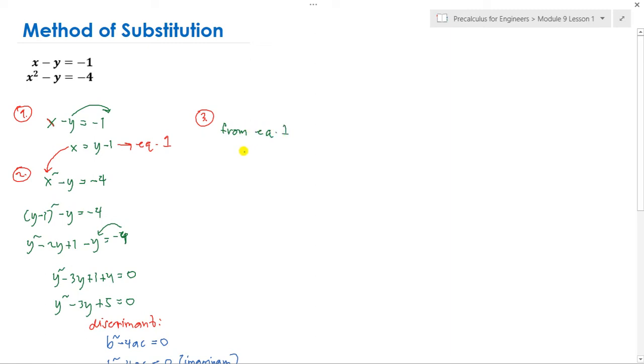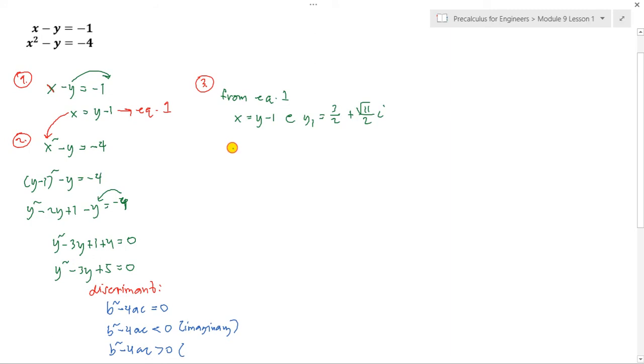From equation 1, x is equal to y minus 1, and y sub 1 is equal to 3 halves plus square root of 11 over 2i. So x is equal to 3 halves plus square root of 11 over 2i, then minus 1. In simplifying complex numbers, you just combine real numbers with real numbers and imaginary numbers with imaginary numbers.